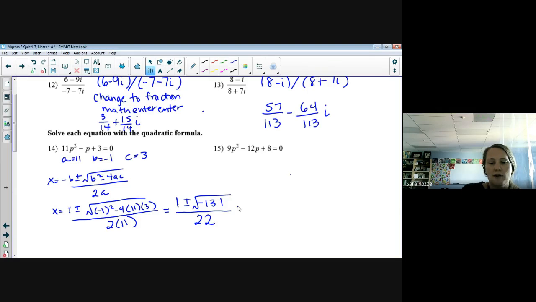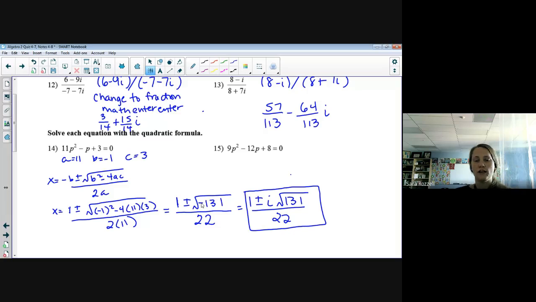Okay, so this is how we write it. If there's a negative in the square root, we don't like to leave it. Instead, we pop an i out in the front. 1 plus or minus i root 131 over 22, because i is the square root of -1. If we have i in the front, we know that there was a negative in there to begin with.